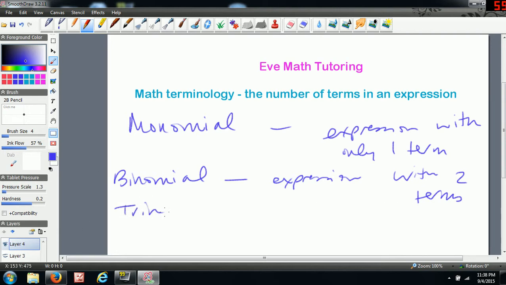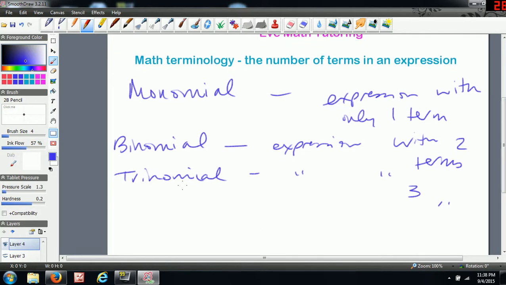A trinomial, again, is an algebraic expression with three terms. And I'll give you an example of a monomial. So an example of a monomial could be something like 4ab, or even 22. Okay, so just one term.